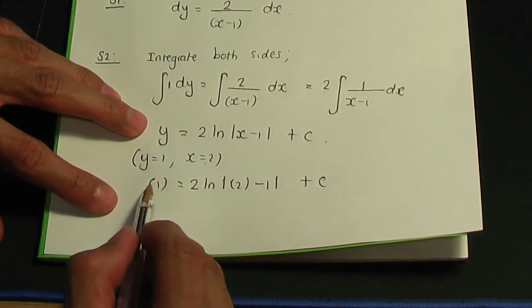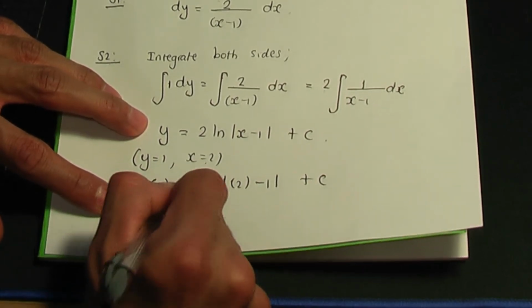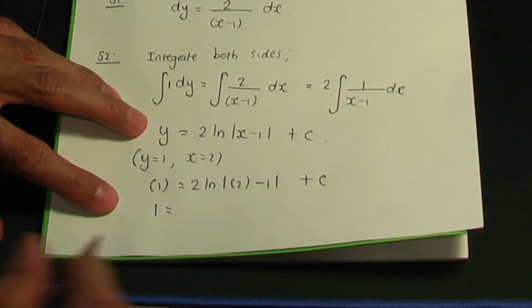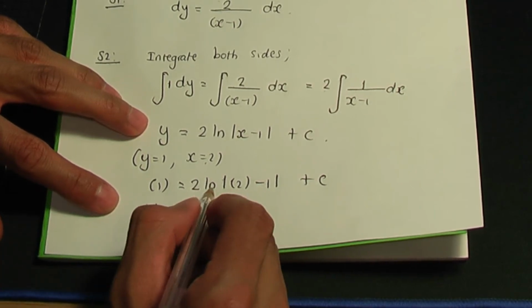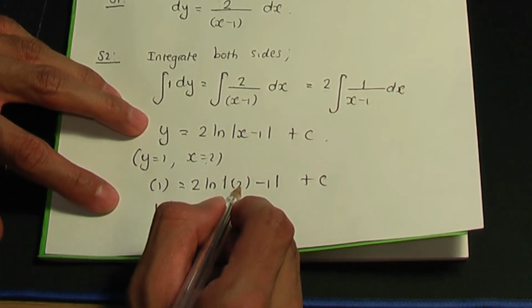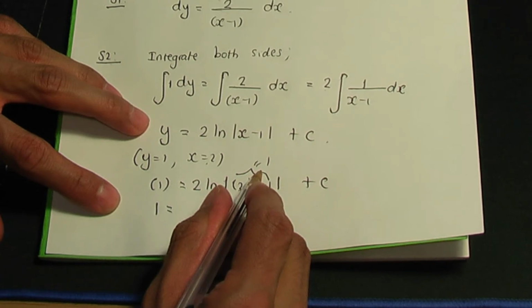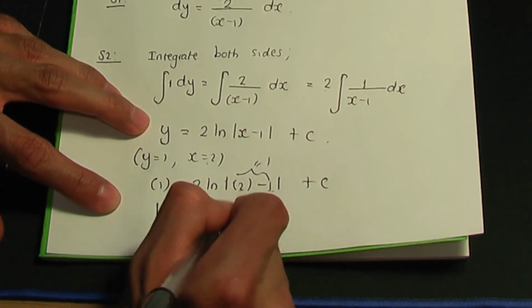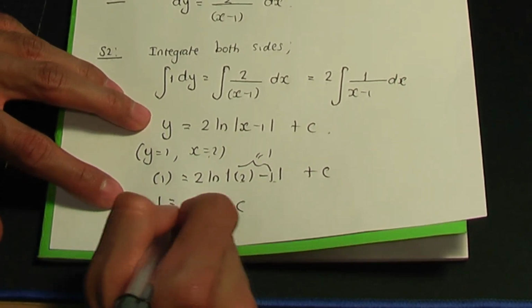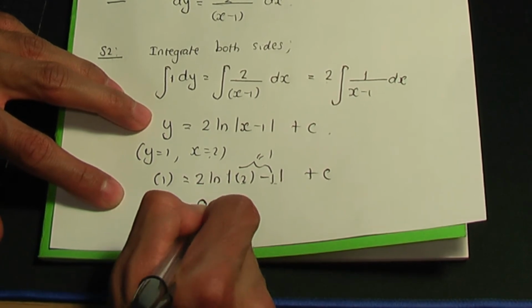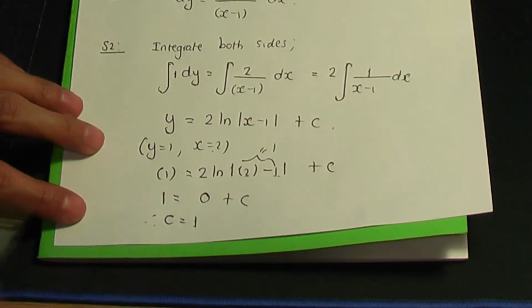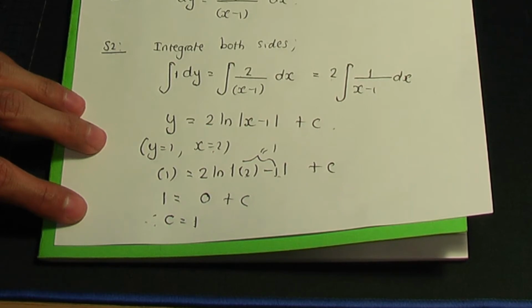If I simplify this further, 1 on the left is equal to 2 minus 1, which is 1, and ln 1 is 0, so you're going to have 0 plus c. So c therefore is 1, that is the value of your integration constant.